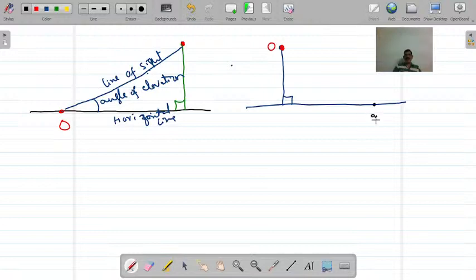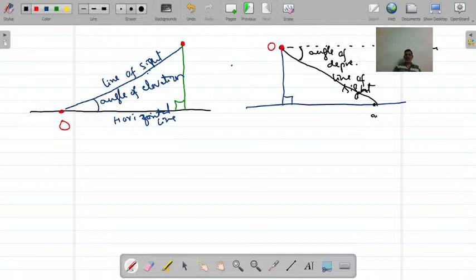If he looks straight, it will be like this. So a line parallel to the ground is your horizontal line. Now for looking at this object, he has to look like this. So now this will become the line of sight. Here clearly you can see that some angle is formed between these two. This is called the angle of depression.